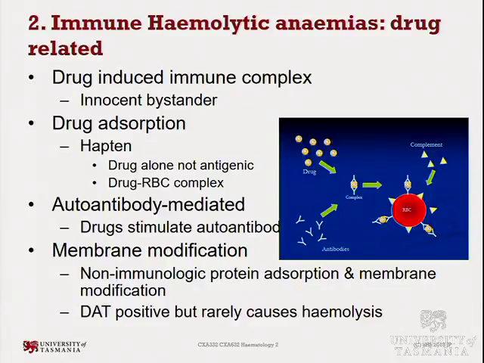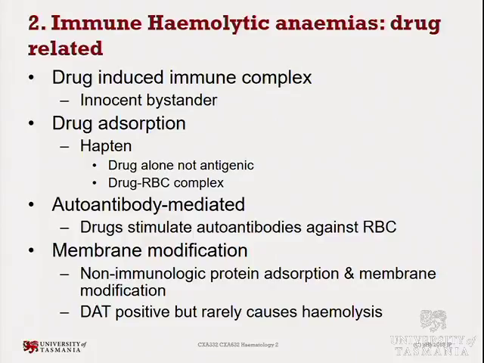They are part of the mechanism of cell lysis, often by the complement system or by phagocytosis from the reticuloendothelial system. And so once the drug antibody complex is large enough to be recognised, then it can be destroyed.